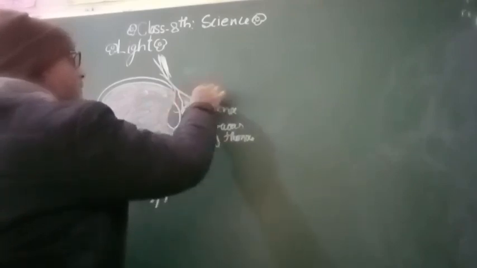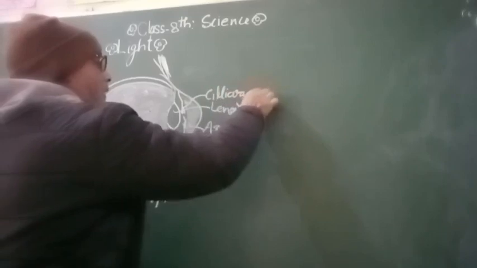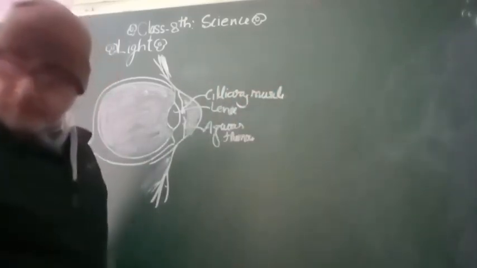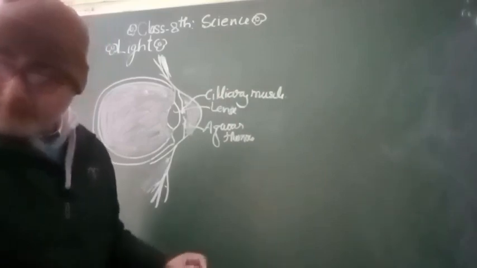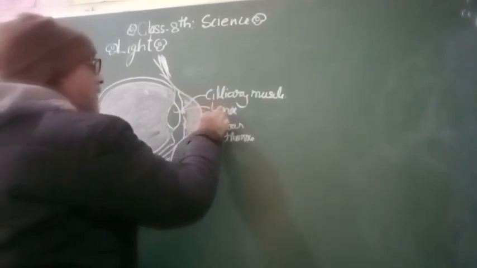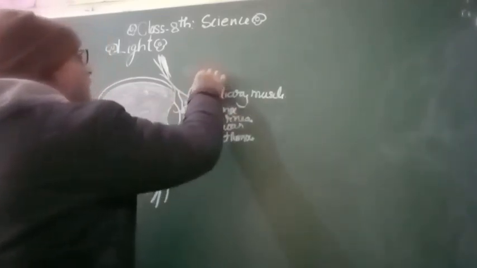This is the ciliary muscle, and the hole is known as the pupil. This is the cornea. This hole is known as the pupil.